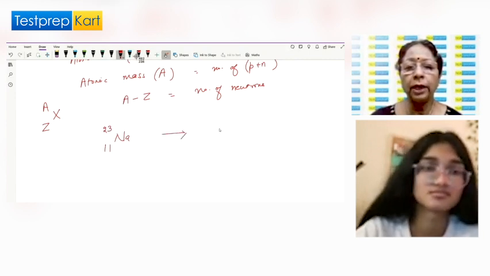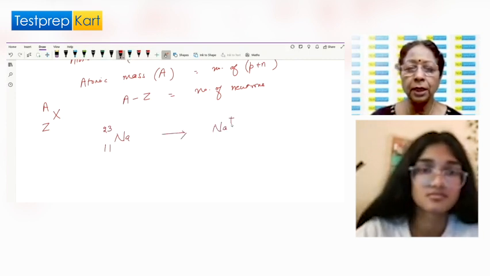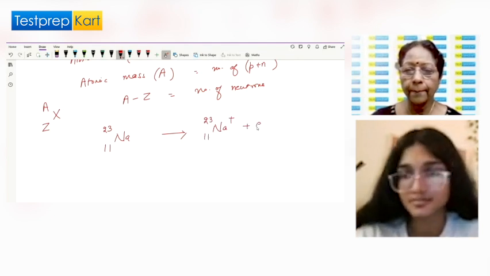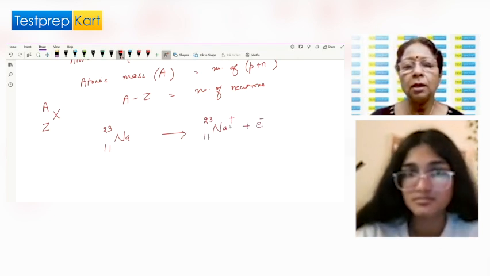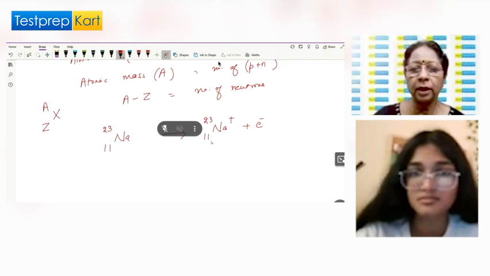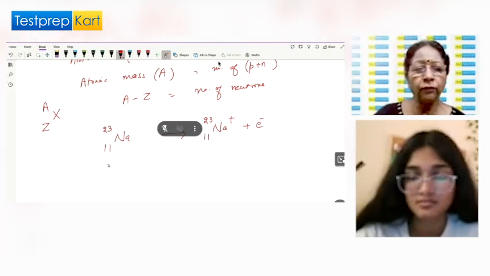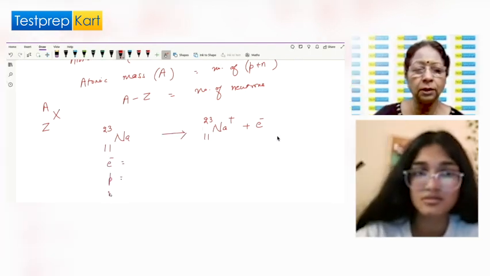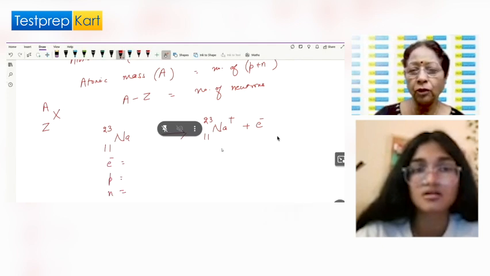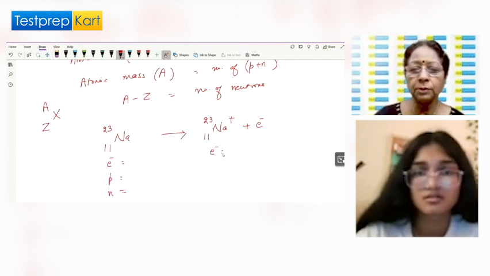If I give you sodium, its atomic mass is 23, atomic number is 11, and if it goes into Na plus ion, is Na plus a cation or an anion? It is a cation, because a positively charged ion is called a cation. You have to tell me how many electrons, protons, neutrons it will have, and after formation of this ion, how many.